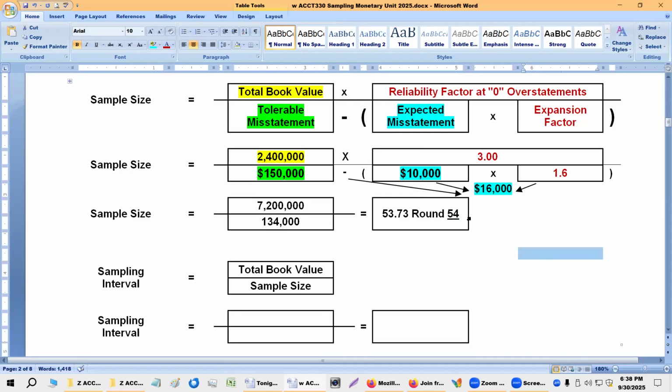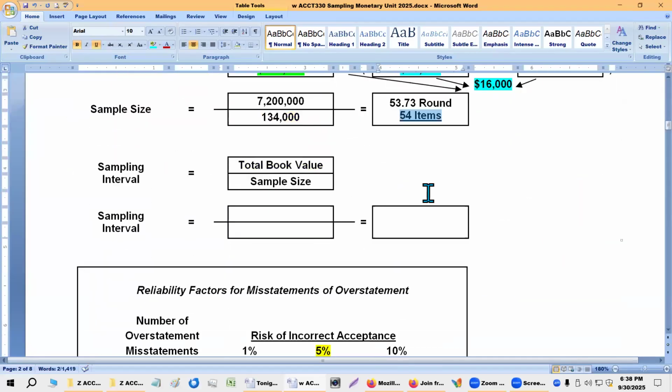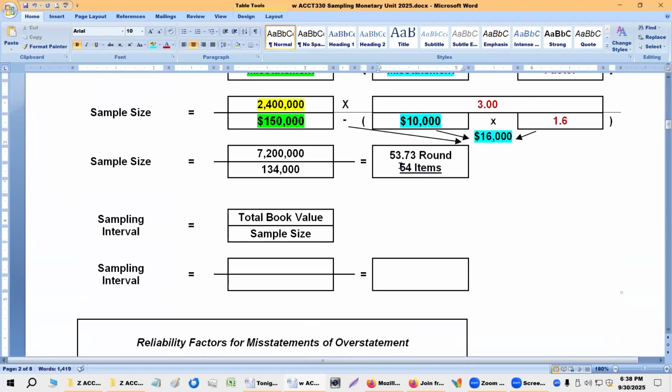So we're gonna take 54 items. So this is gonna be our sample size, 54 items.